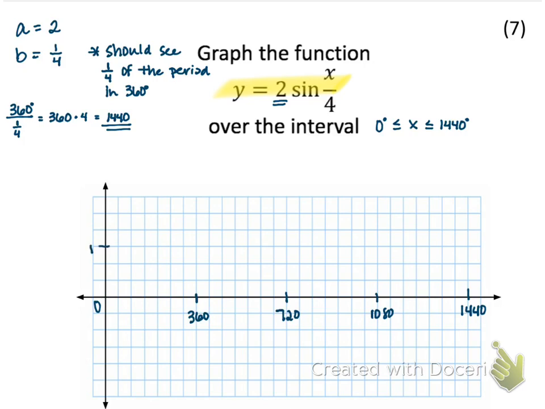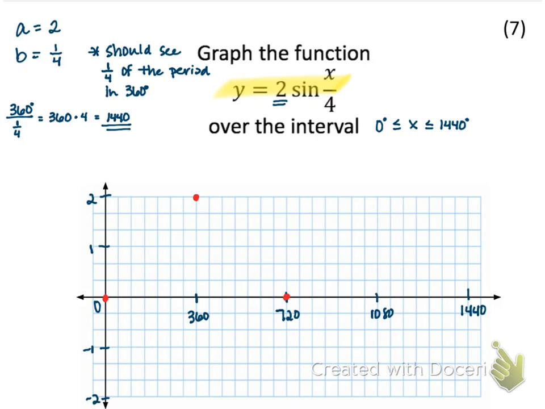And once again, our amplitude goes all the way up to 2, since our A value is 2. So our graph is going to go from -2 to +2. And we are graphing the sine curve. So we know we start at 0. We're going to go all the way up to 2 at 360 degrees.